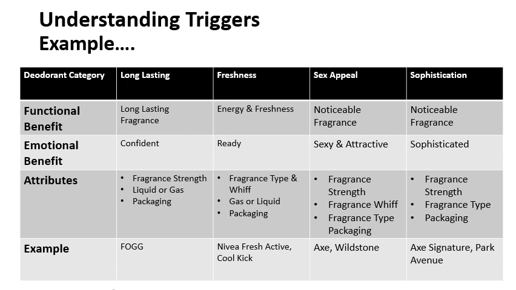If we look at deodorant as a category, it may play different roles for different consumers. The trigger could be that I want a deodorant because I want a long lasting fragrance. That's the simple benefit that I'm seeking. But when you ask the consumer, okay, if the fragrance is long lasting, what does it make you feel?